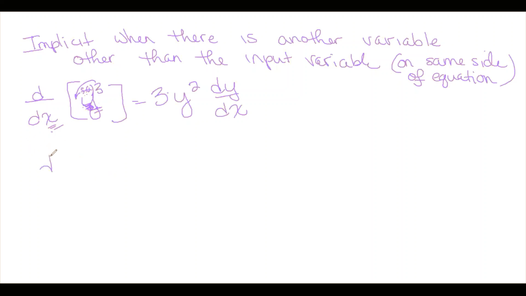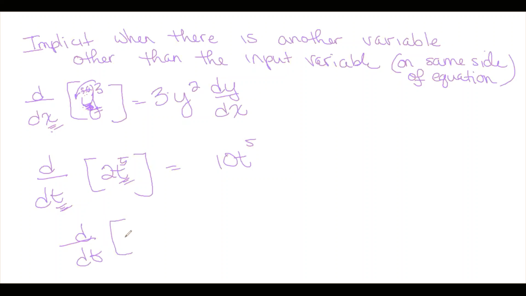So if I said this one here, take the derivative with respect to time, you're going to be seeing that soon, of 2t to the fifth. Time is going to be a big deal in your related rates problems coming up. So here, there's a match, so I just have to do it regular. What if I had the derivative with respect to time, and I wanted to know the change in height with respect to time, something with an h, let's say.